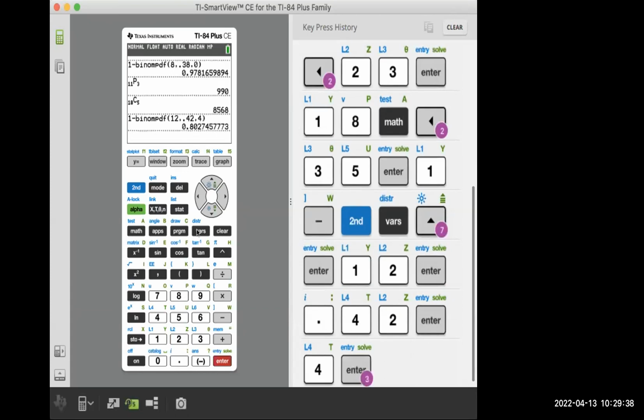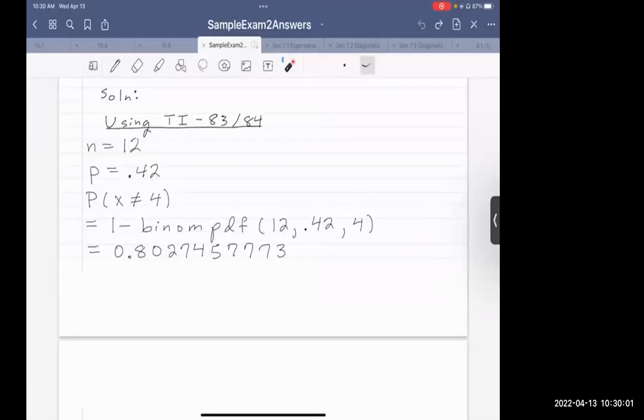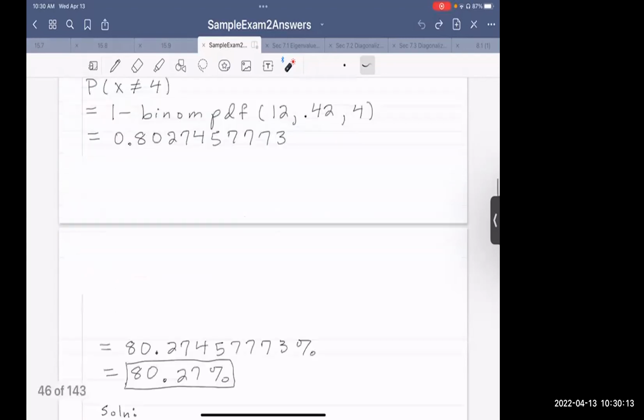And so I have 0.8027457773. Let me write that down on my iPad. And so we have here that 1 minus binompdf(12, 0.42, 4) is 0.8027457773.